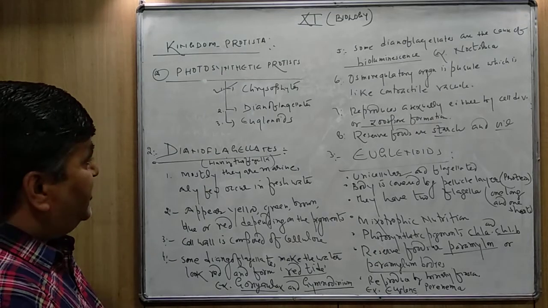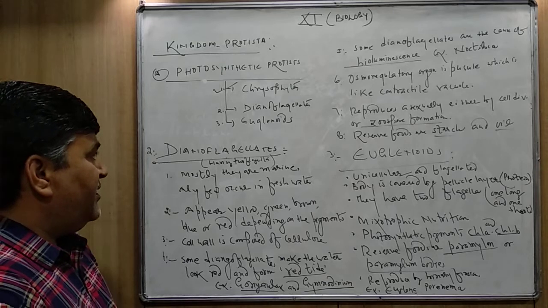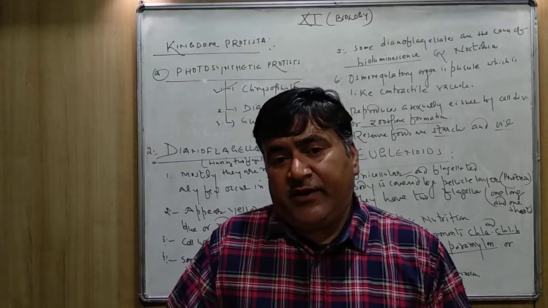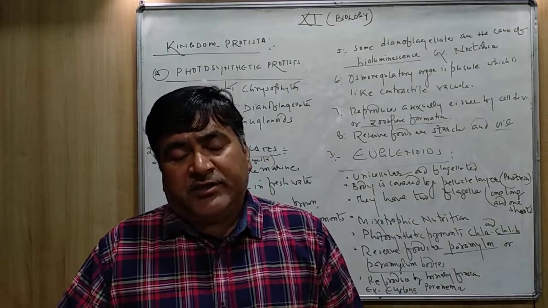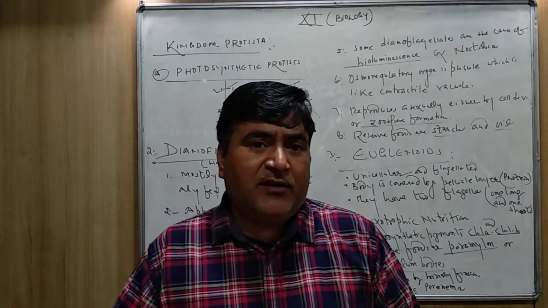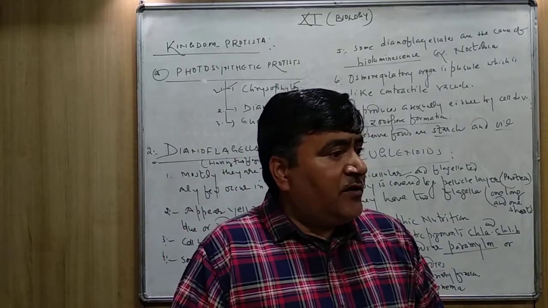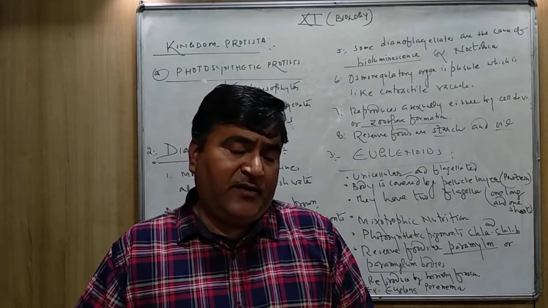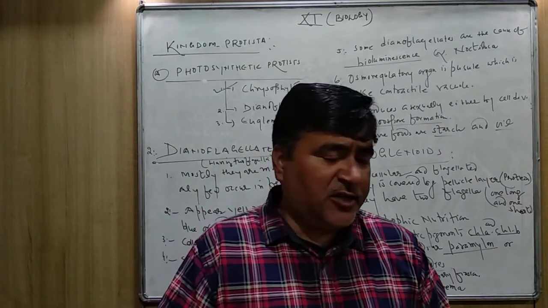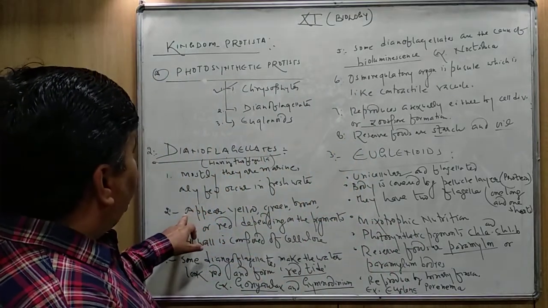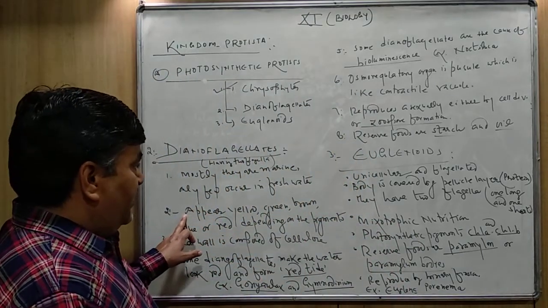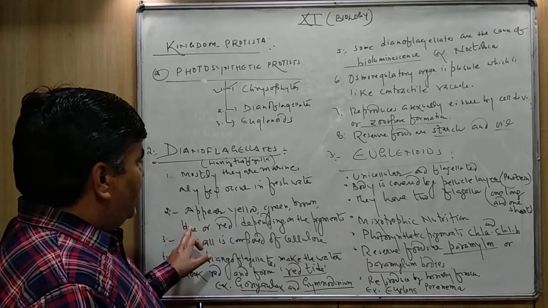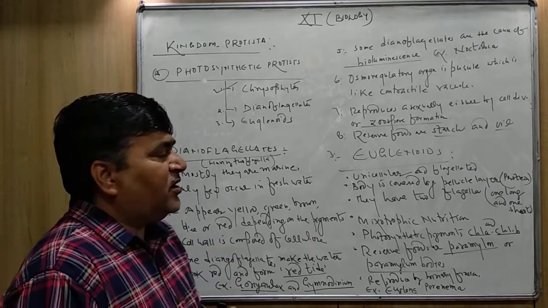The dinoflagellates are mostly marine in nature. They are found in the sea, in the marine habitat, but a few members are also found in freshwater, like ponds, lakes, rivers, etc. The dinoflagellates look yellow, green, brown, blue, or red depending on the pigments.